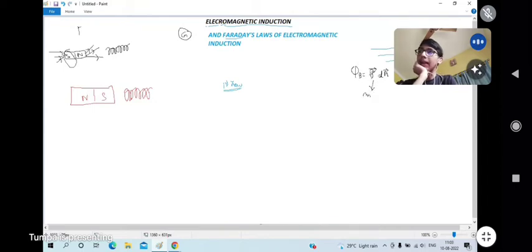This B is the magnetic field intensity and this A is the surface area. This is the first law. From the first law we can understand the concept of magnetic flux.